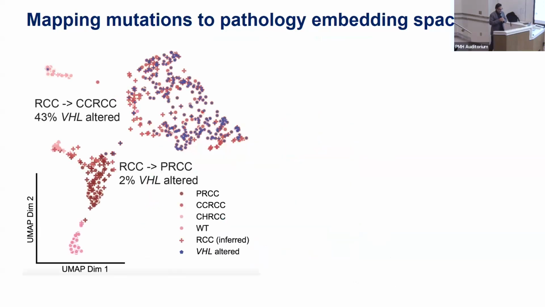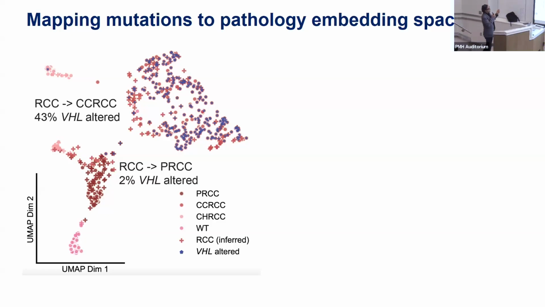Okay. So now we can go into some other ideas, bringing in the mutation data. What we have is a representation of this embedding space in 2 dimensions, and each point is a tumor. Here are subtypes of renal cell carcinoma, and in one subtype we expect von Hippel-Lindau mutations, which is well known in the literature.